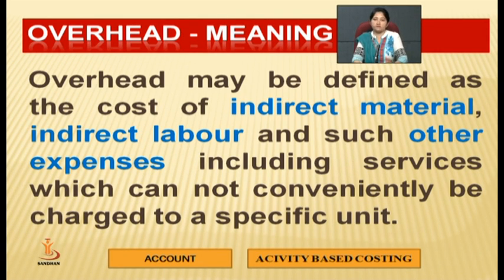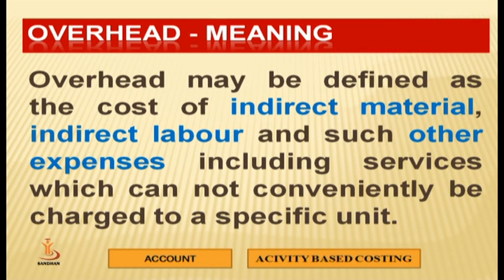Now, this is a very important point on the part of overhead. As we have seen, material and labor are easily traced to the cost of a product, whereas the overhead, the indirect material cost and indirect other expenses, are not easily traced to the cost of a product.